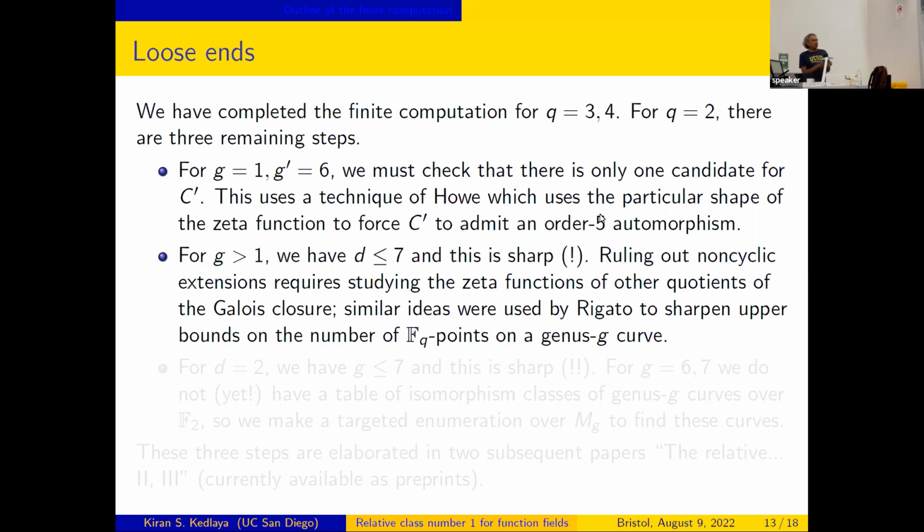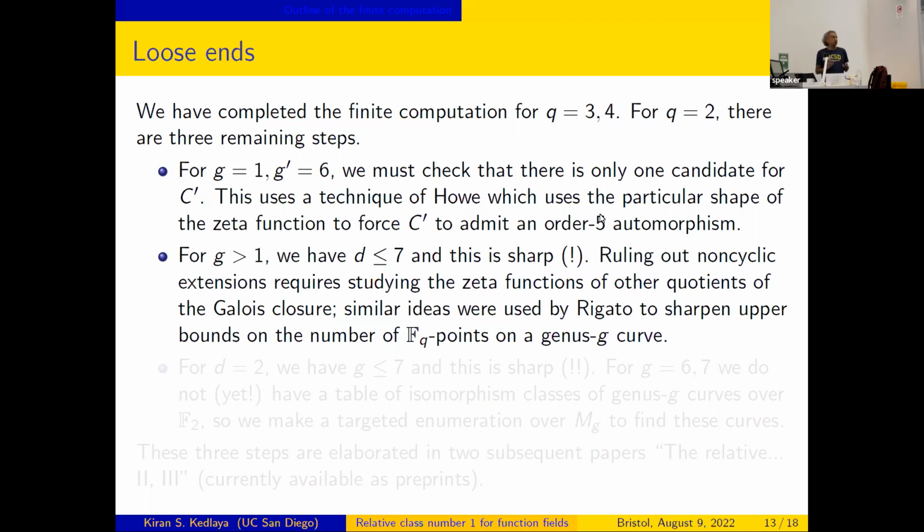I have to worry about finding all the base curves that have extensions of degree at most 7, and I have to worry about these non-cyclic extensions. Non-cyclic extensions of degree up to 7 can be quite complicated. What you end up doing is you exhaust over the possibilities for the Galois group, the Galois closure.